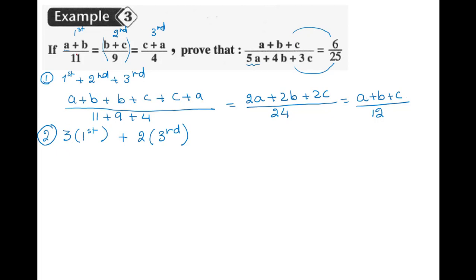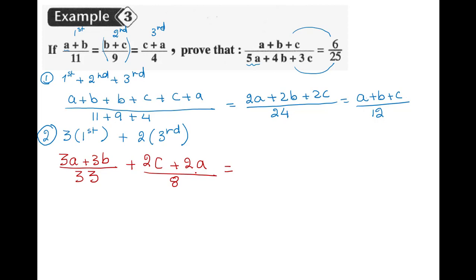It will be 3 by the first term, 3a plus 3b over 3 by 11 is 33, plus 2 by the third term. It will give me 2c plus 2a over 2 multiplied by 4, it will give me 8.